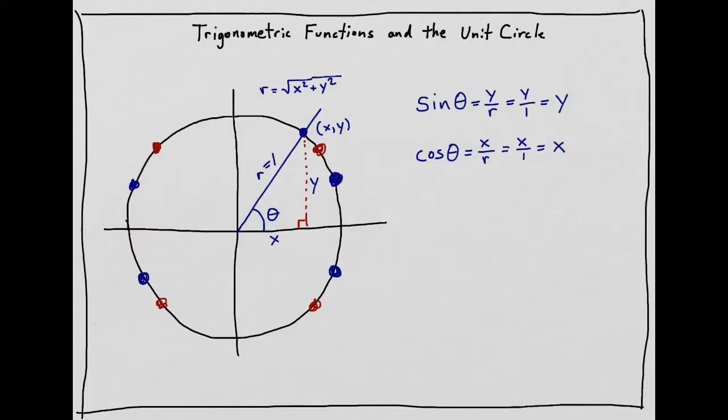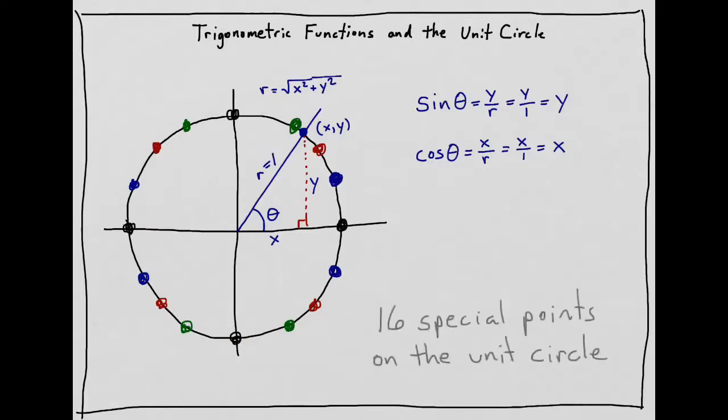And there are 4 points that correspond to a 60-degree reference angle. In addition to those, if we add in the points where the axes cross the unit circle, we end up with 16 special points on the unit circle that have very nice coordinates, because the reference angles related to those points have exact trigonometric ratios. In particular for sine and cosine, but for the others as well.